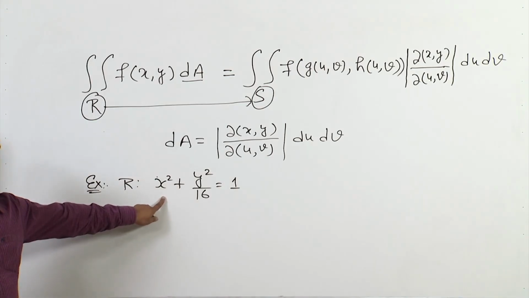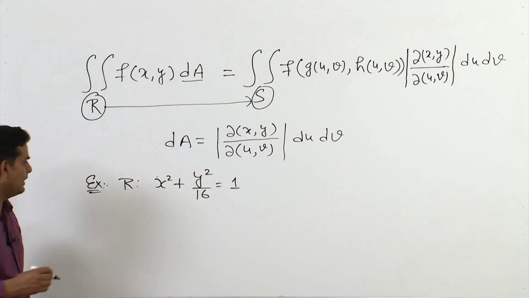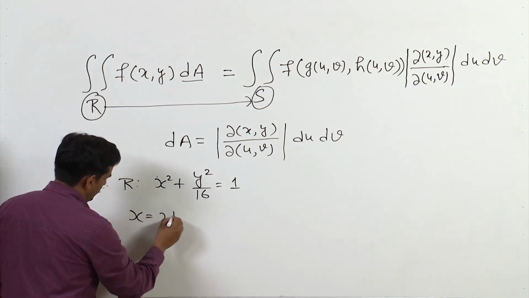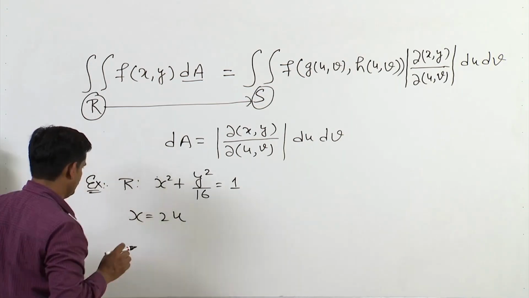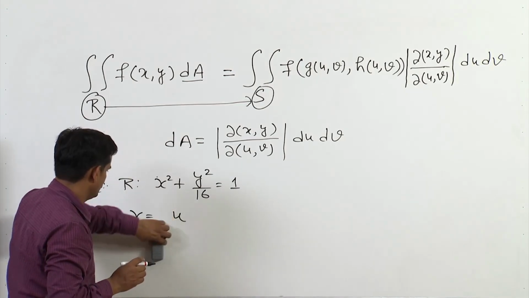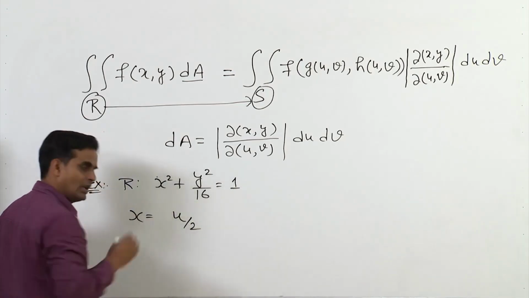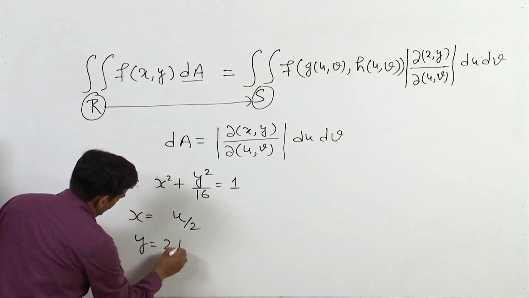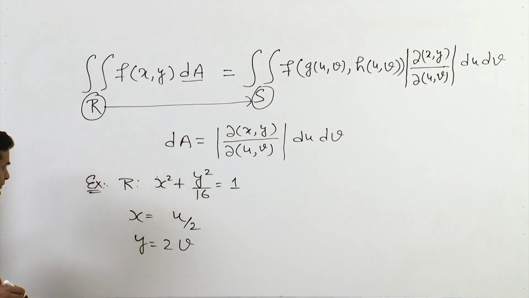So, this is my original region. Let us make the transformation x equals u by 2 and y equals 2v.